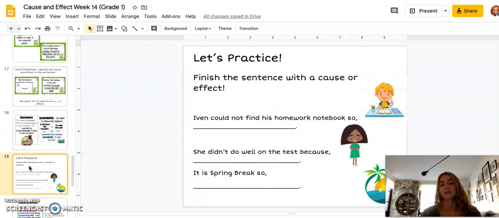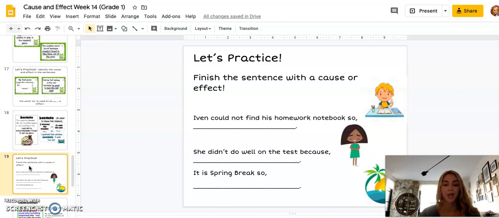Let's practice. I want you to finish the sentence with a cause or an effect. Ivan could not find his homework notebook, so give me an example of what could be the next part of that sentence. I would say, Ivan could not find his homework notebook, so he wrote on a piece of loose leaf.